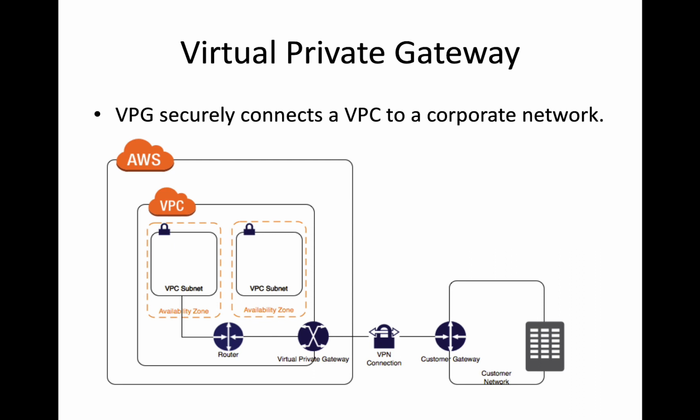VPN is a virtual private network, and basically it allows you to tie your corporate network directly into the VPC network so that you can route traffic from your corporate network directly to your VPC and vice versa.